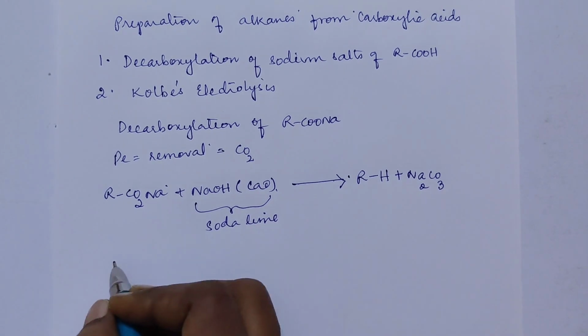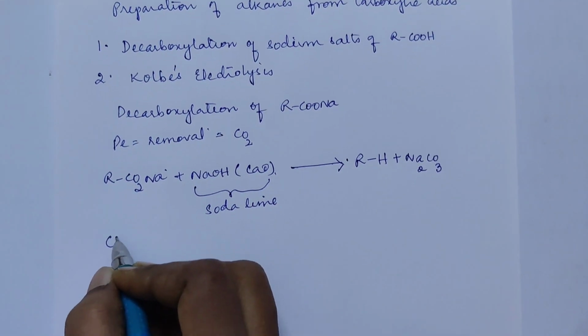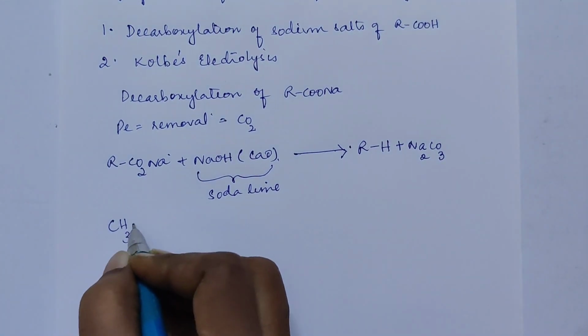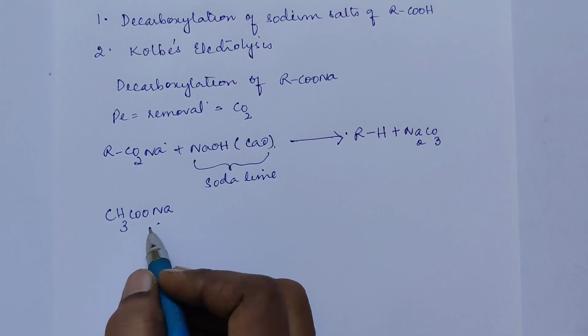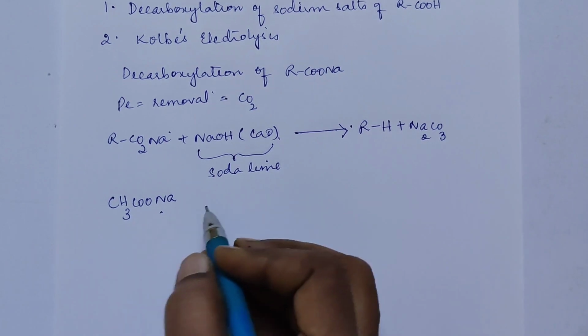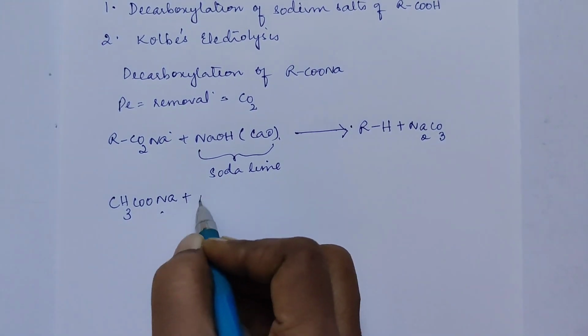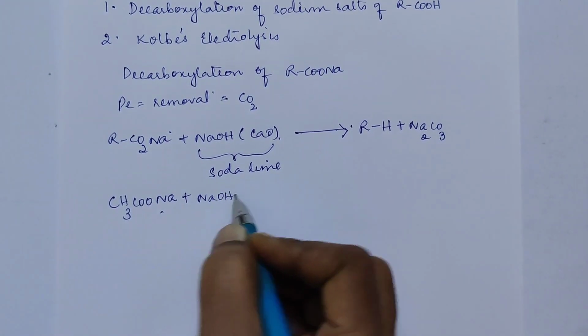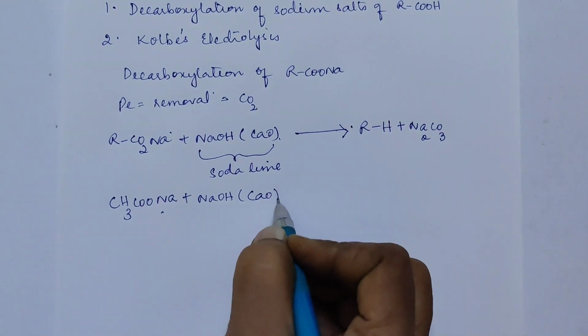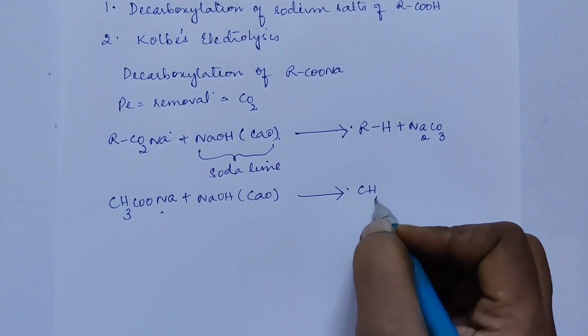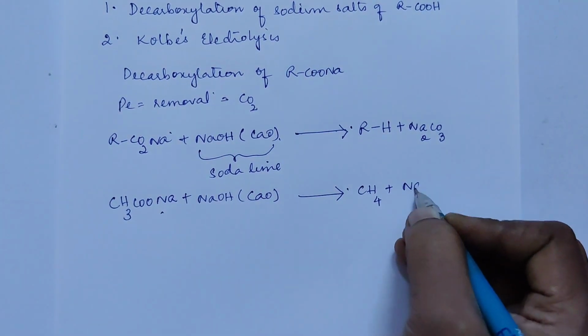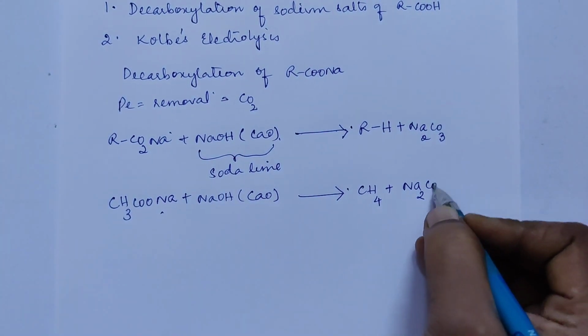So let us see with an example where we take CH3COONa, that is sodium acetate, and treat it with sodium hydroxide and calcium oxide, that is soda lime. Then we get methane and sodium carbonate.